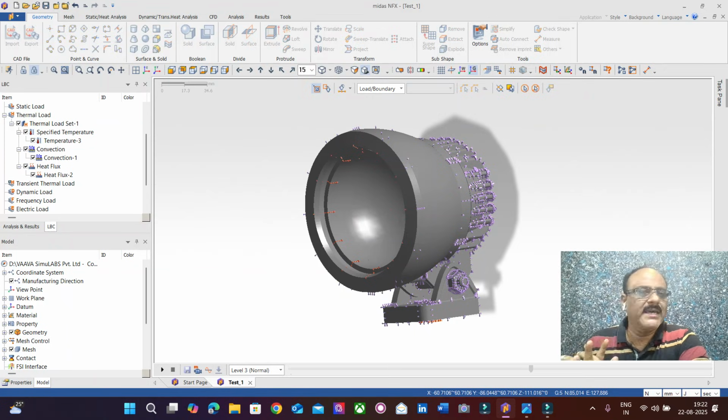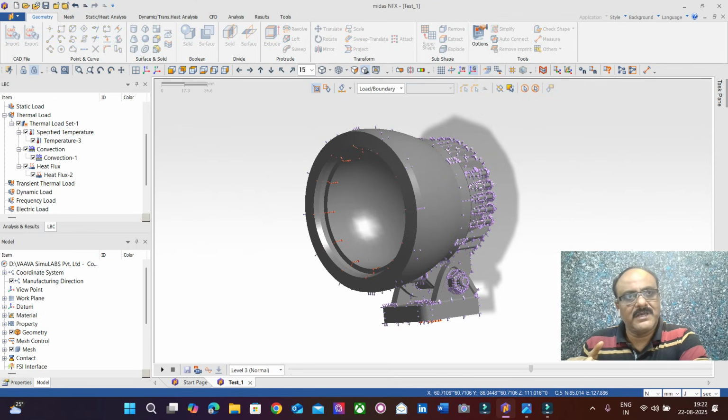Whether it is going to be air, nitrogen, water, or any other gases. Each gas has its own convection coefficient. Similarly, we are also identifying the reflective capacity of the reflective surfaces.